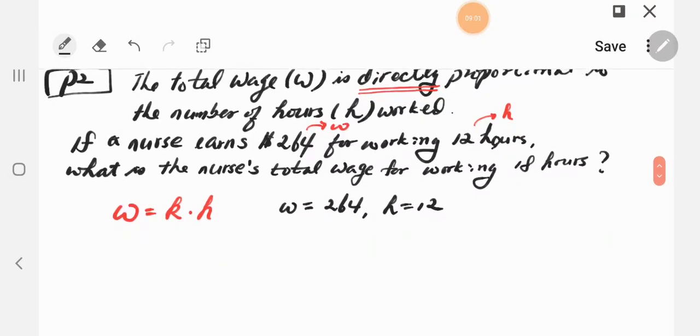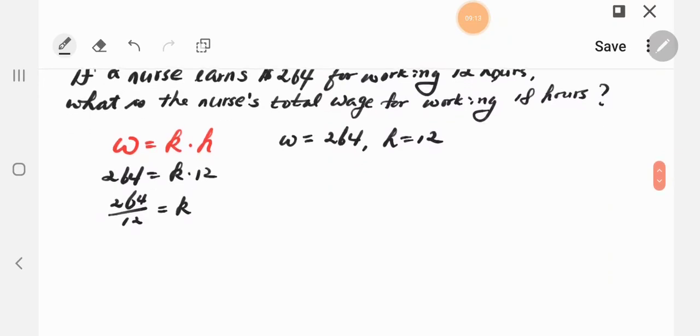All right, so let's find K. W is 264, and H is 12. So 264 divided by 12 is equal to K. Then K is 12, isn't it?